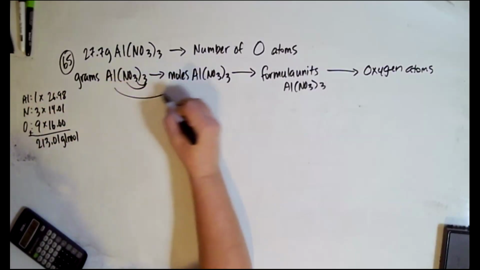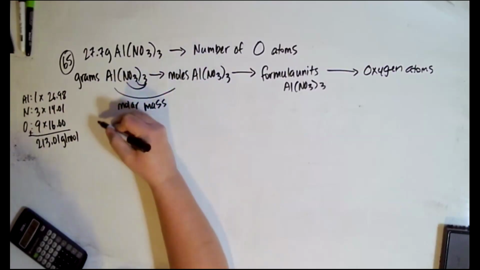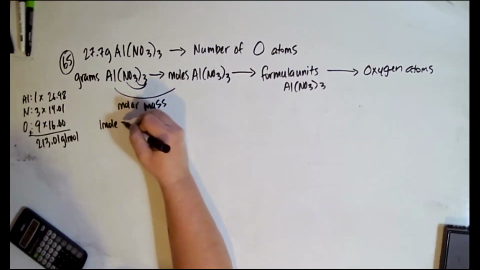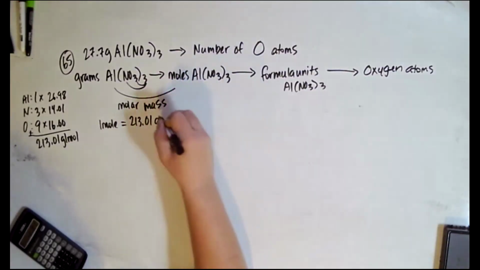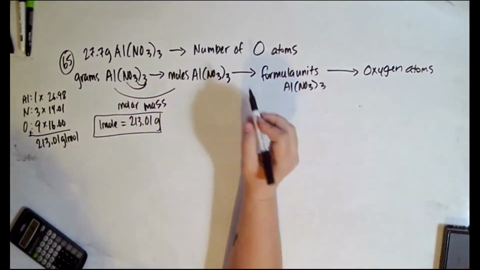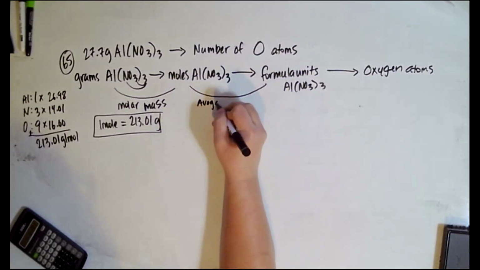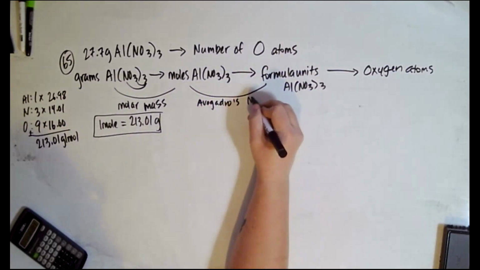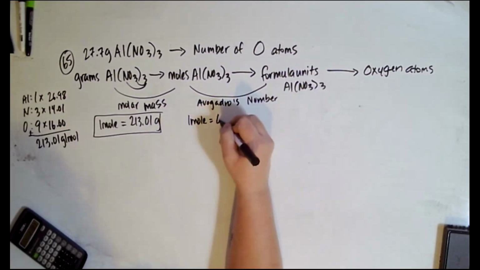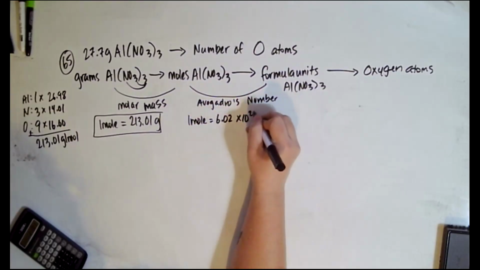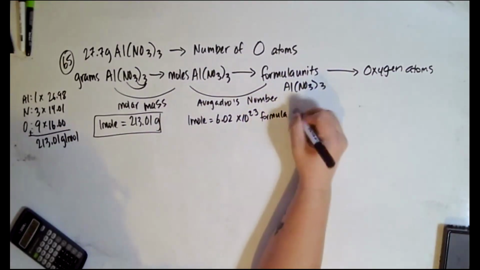All right, so our first conversion, which is going to be our molar mass, the equality for that is going to be every 1 mole equals 213.01 grams of aluminum nitrate. Our second conversion, which is going to be moles to formula units, is going to be Avogadro's number, which will be 1 mole equals 6.02 times 10 to the 23, in this case, formula units.